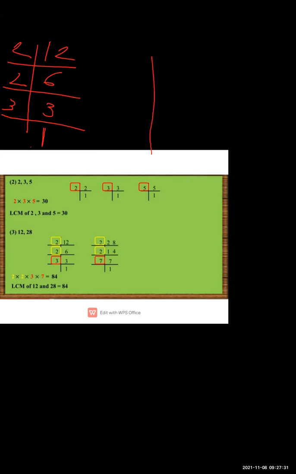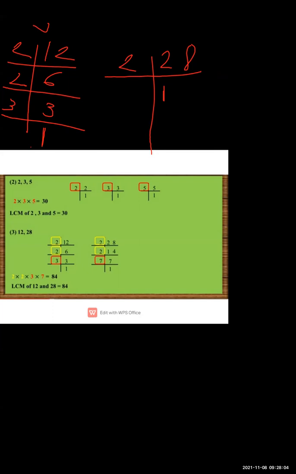Next is 28. 8 is there, it means it is divisible by 2. So first we will take 2 1s are 2. If the number is the same or bigger, we will take only a single number. If the number is smaller, for example here 1 was smaller than 2, that's why we took 12. But here the number is the same, 2 2, so a single number is divisible.